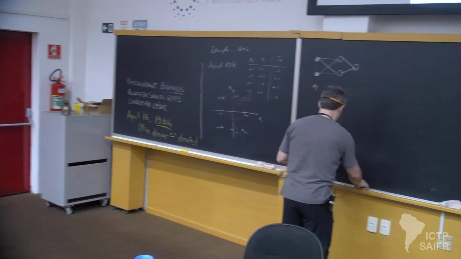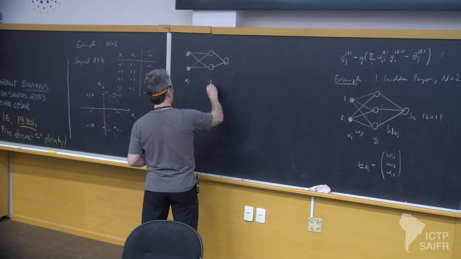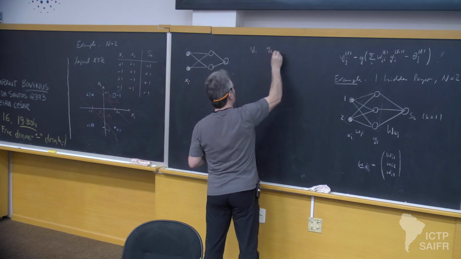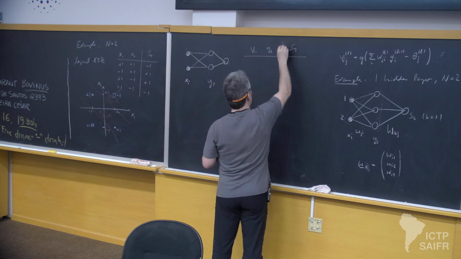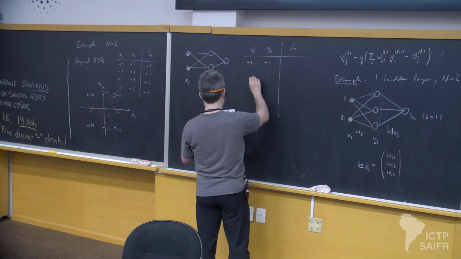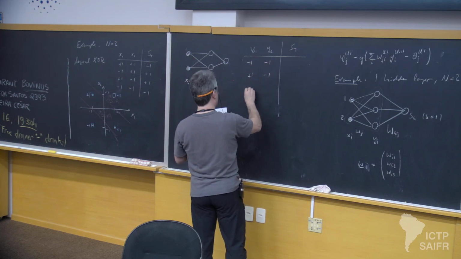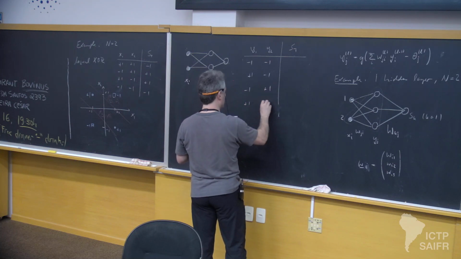Now I can look. If I go to the Y here, Y1, Y2, and compare to the target, how does it look like with these layers? So I have -1, -1, +1, -1, -1, +1, +1, +1.